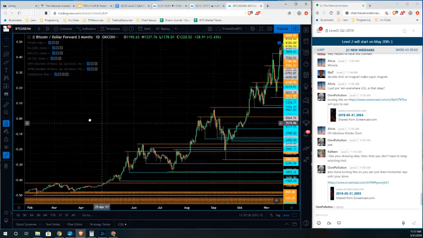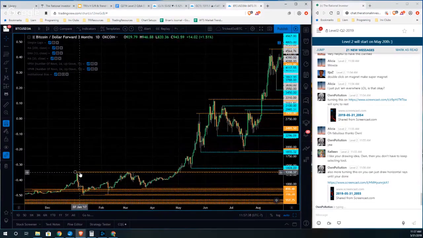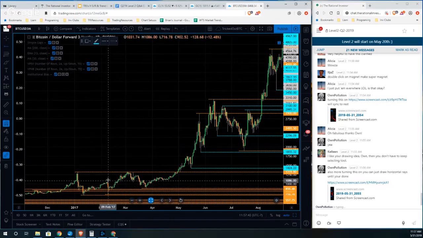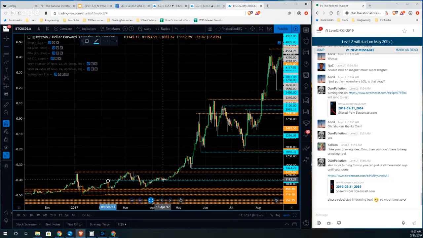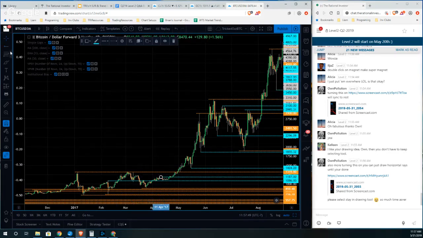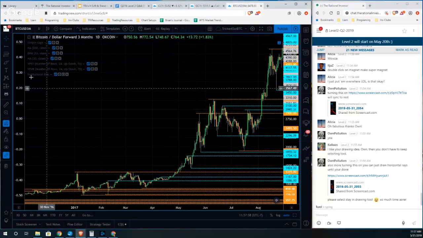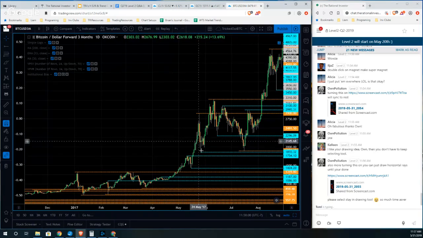So you can see on the dailies, there's the weekly pivot. Could I have drawn daily pivots here, and maybe one off of the top of there, that just don't show on the weekly charts? Absolutely. Perfectly fine. You can see I did one there.